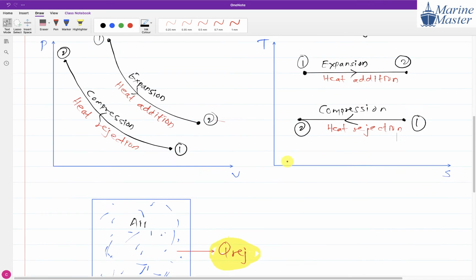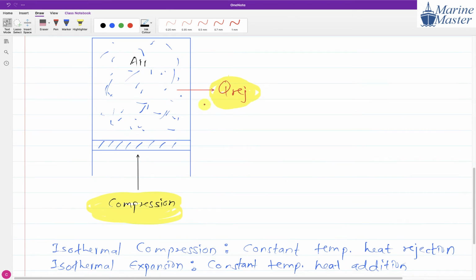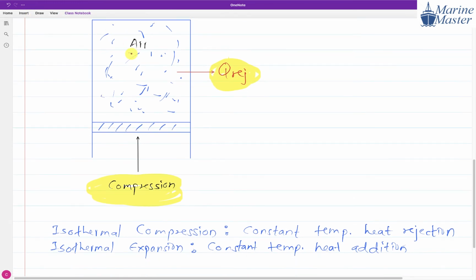After completing it, draw this one also and write down this discussion. Draw this figure. Here compression is happening, so this is isothermal compression and isothermal expansion.